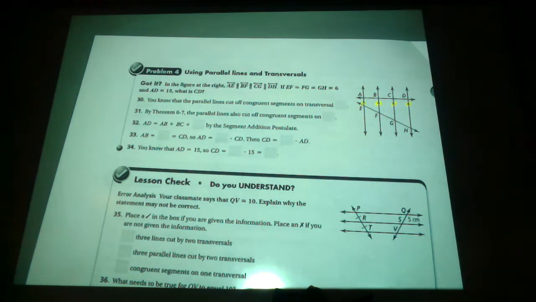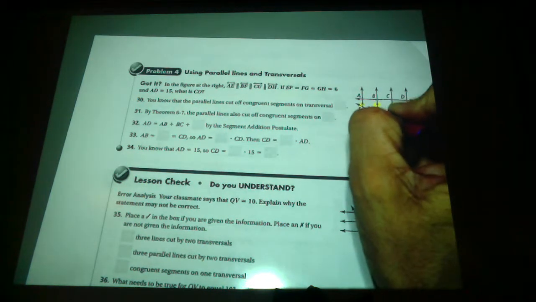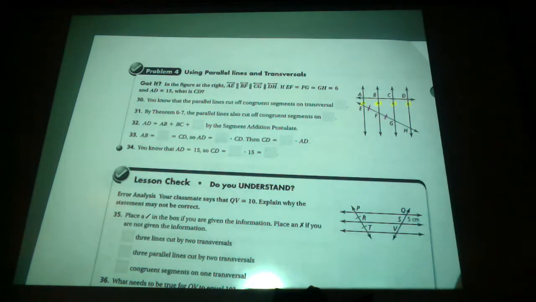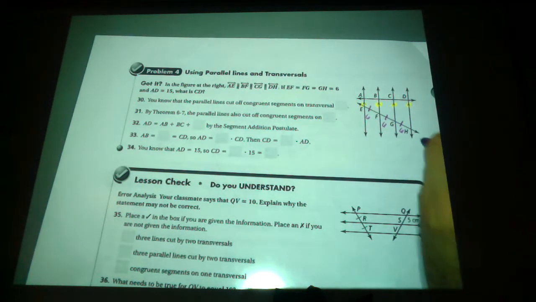If EF is equal to FG, mark up the picture, which is equal to GH, and they all equal 6. 6, 6, 6. Does that make you feel better? I'm just going to create that over here, just to make you feel better.